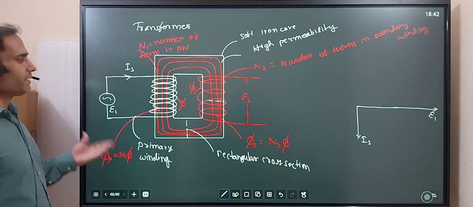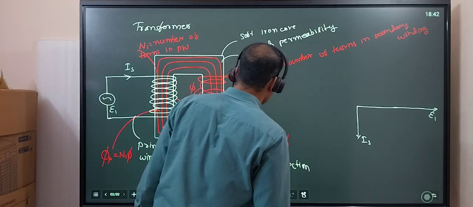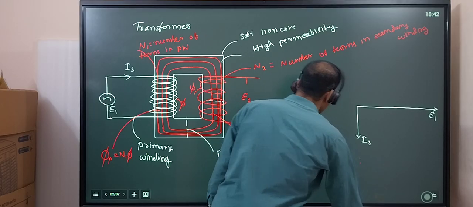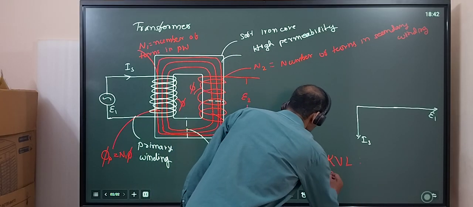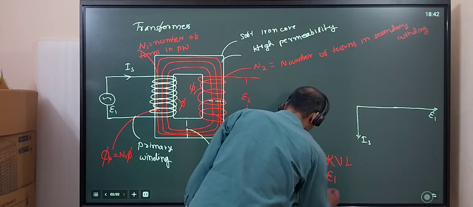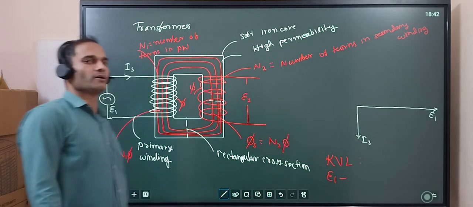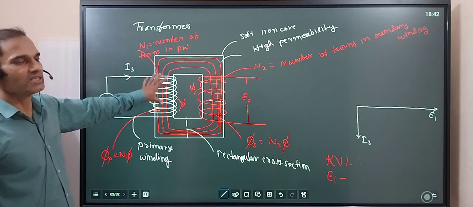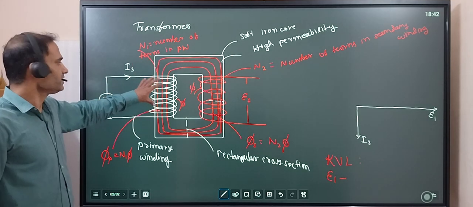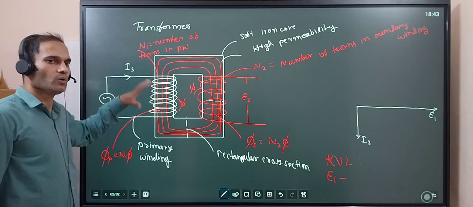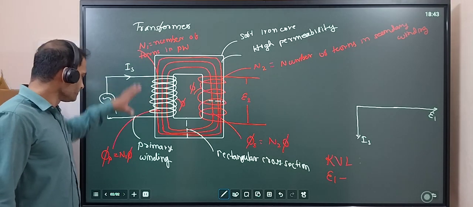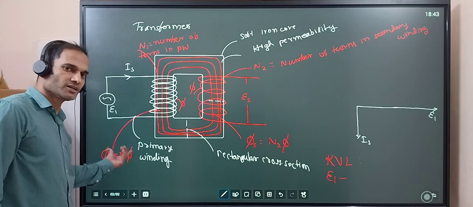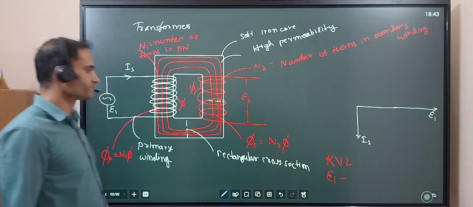How? We will apply Kirchhoff voltage law, KVL. Total voltage should be 0. So the applied voltage is E1, and here it will be L di by dt, or simply the rate of change in flux, with a minus sign.